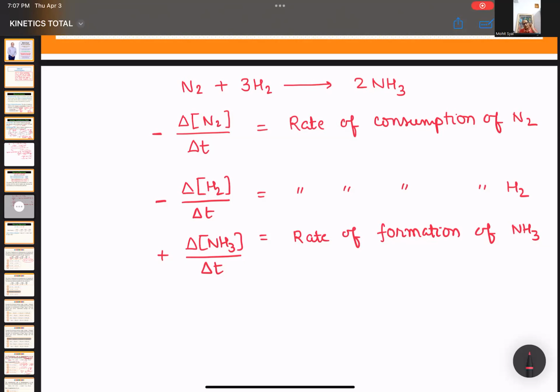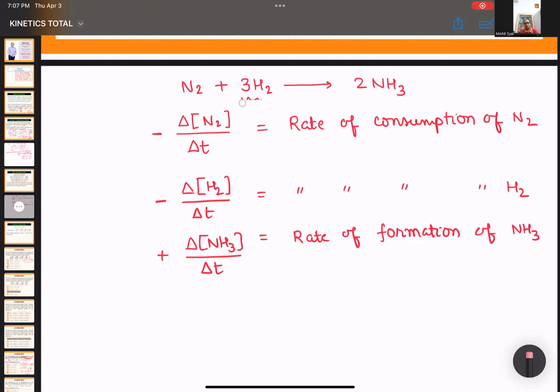So now my question is, are they all same? No. As you noticed very correctly, this is 1 mole, that one is 3 moles, and this one is 2 moles.